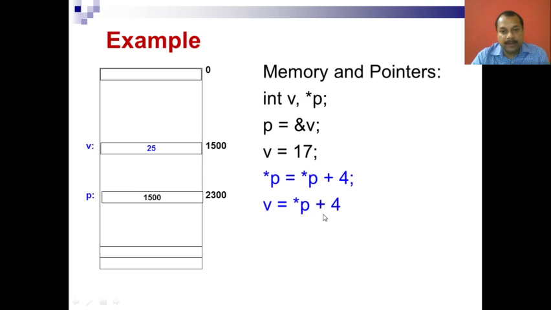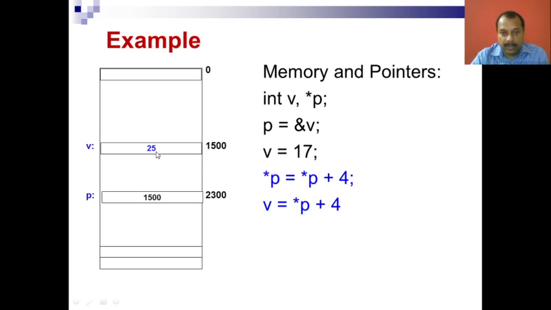By star p equals star p plus 4, you go for an indirection from 1500, come here, and this is the location where 17 is there. You add 4 to that 17, and you will get 21. The intermediate result is not shown here.